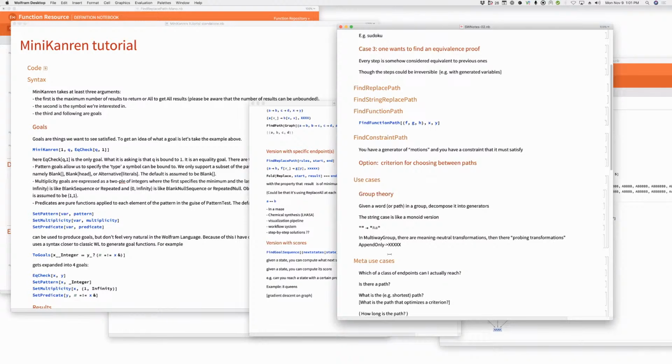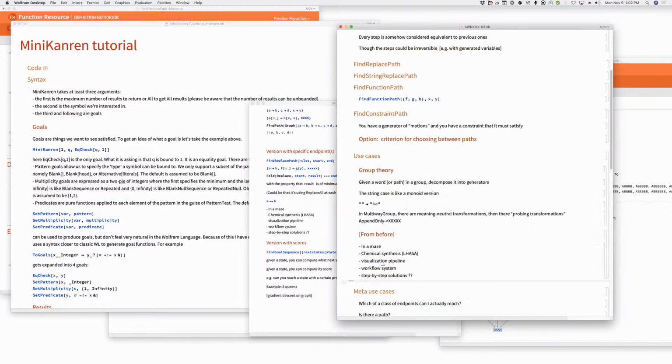Okay, so these are some use cases from before. Chemical synthesis, which we've now discussed at more length. We've got a variety of game solving, and then the various kinds of planning problems.